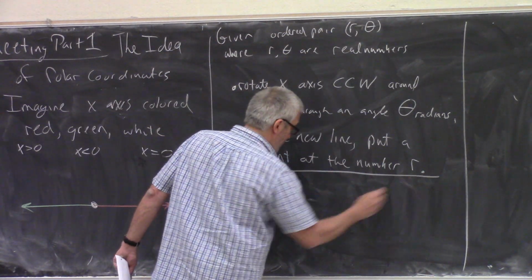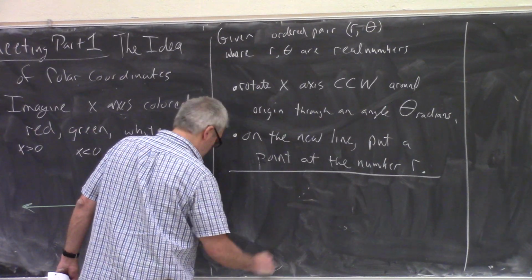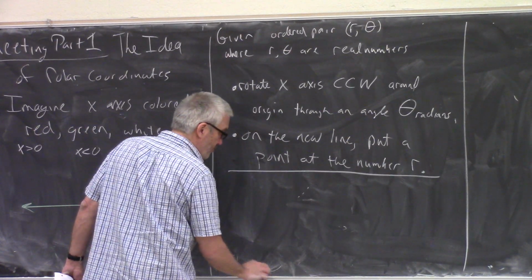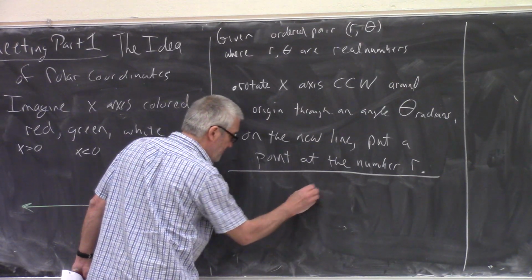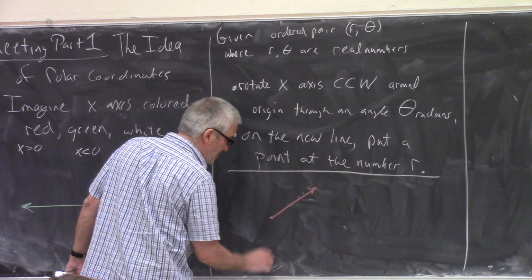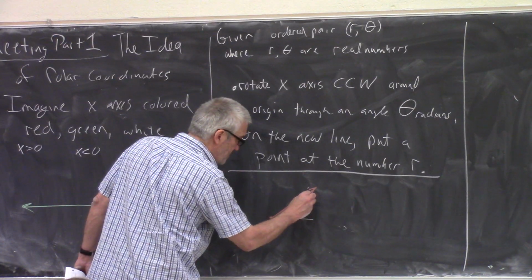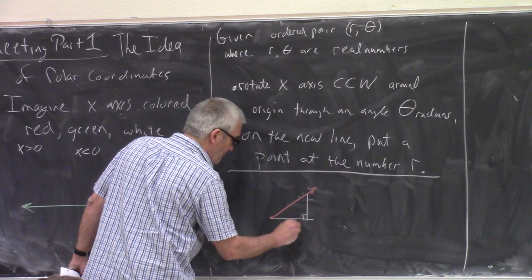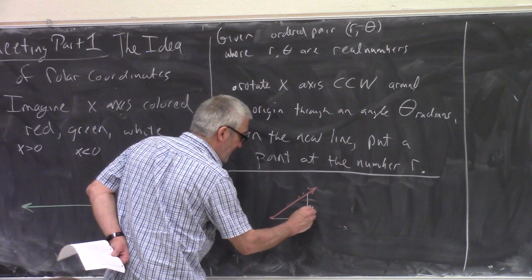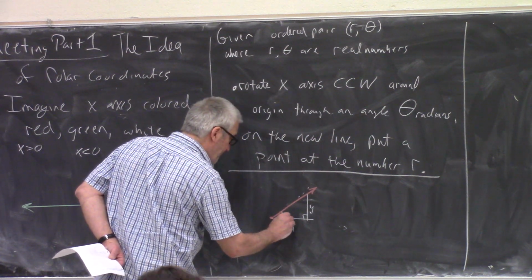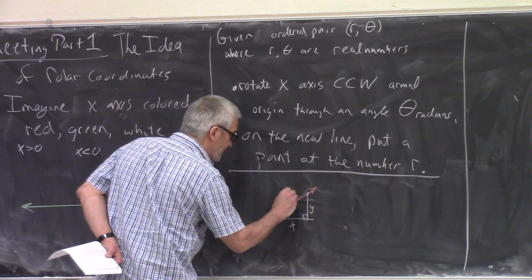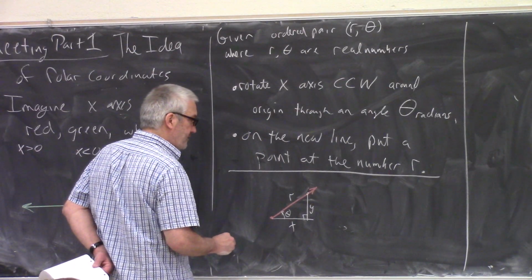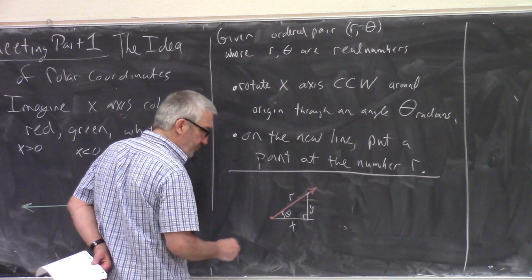And notice that if we do that, we get an x and a y for that point. So this is the angle theta, and this is the distance r. And so notice that x over r equals cos theta.